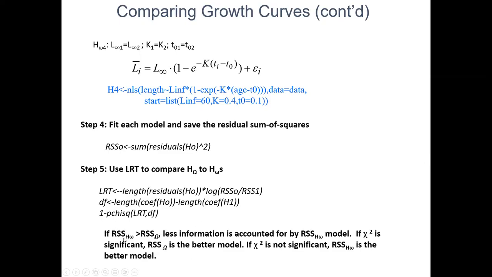As I mentioned earlier, if the residual sums of squares for the alternative model is greater than the residual sums of squares for the global model, then less is accounted for by that alternate model. And if chi-square is significant, then the global model is the better model, so you would keep that. And if it's not, then the alternate model is the better model.